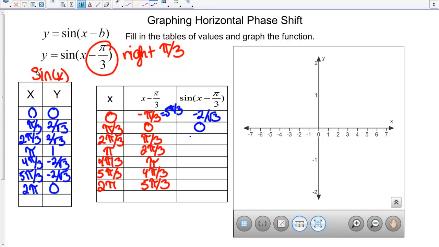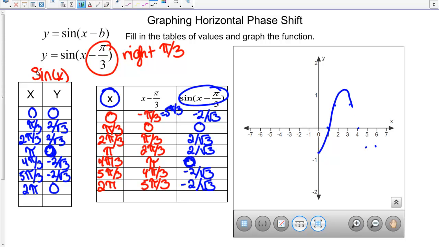At pi over 3, we're at 2 over square root of 3. At 2 pi over 3, we're at 2 over square root of 3. So this is what our graph is going to look like. And compared to our original sine function, we've been shifted right pi over 3 units.